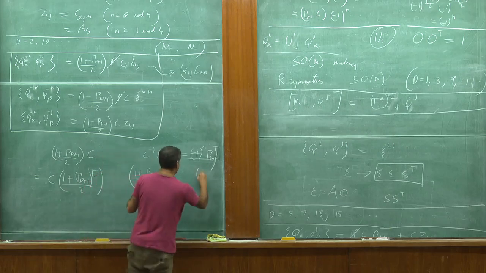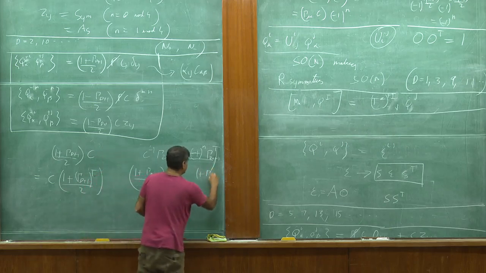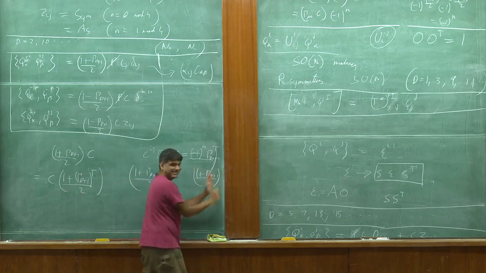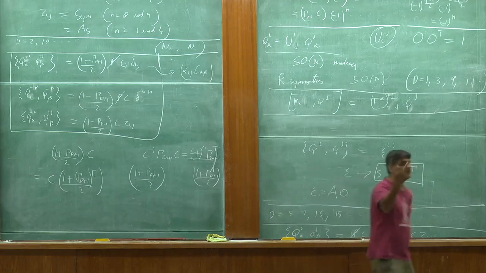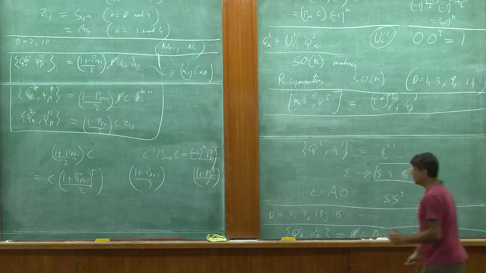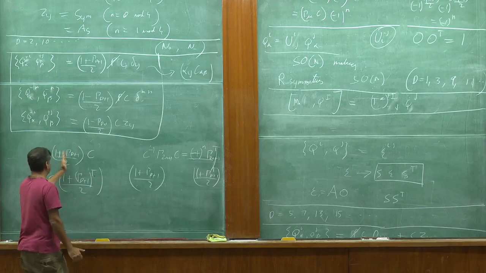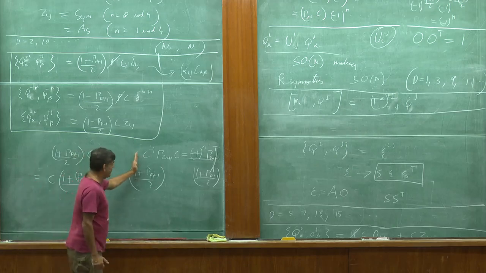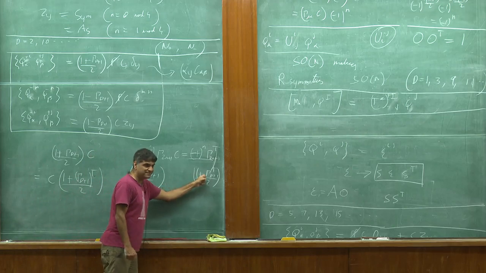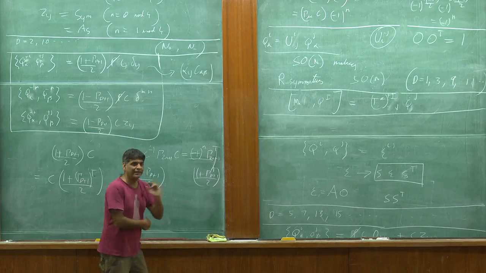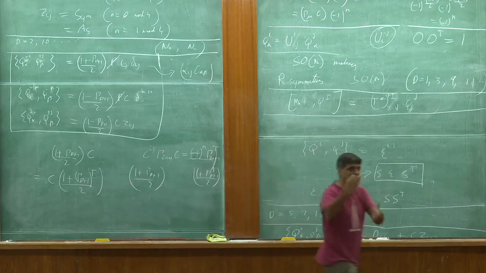And also if I multiply by 1 plus gamma d plus 1 by 2 on the right, but with the transpose, that should leave it invariant, because both of these were chiral spinors. Okay? So what I expected is when I took this 1 plus gamma d plus 1 by 2 through C, it would become 1 minus gamma d plus 1 by 2 transpose, and therefore kill, tell you that the thing was inconsistent.